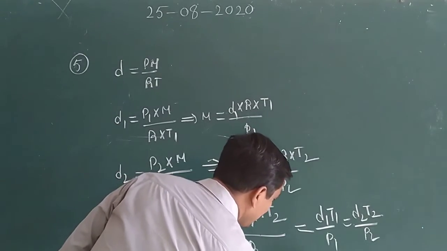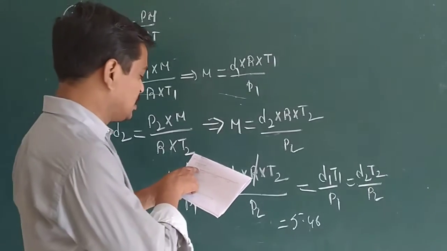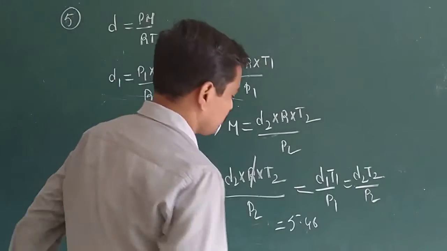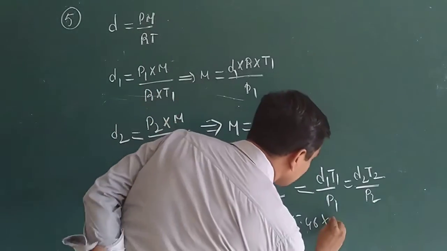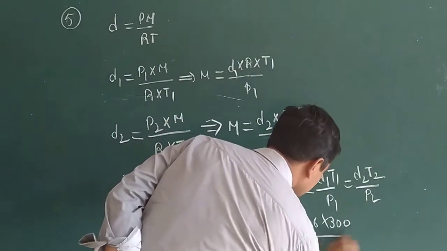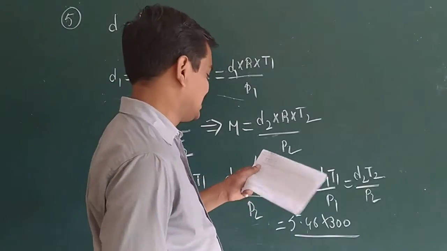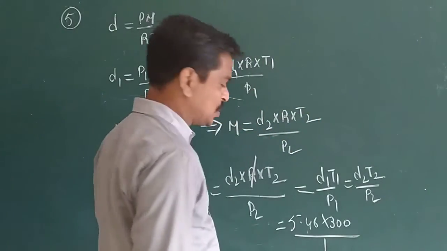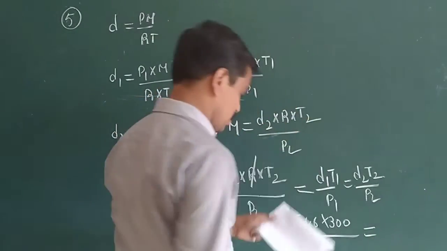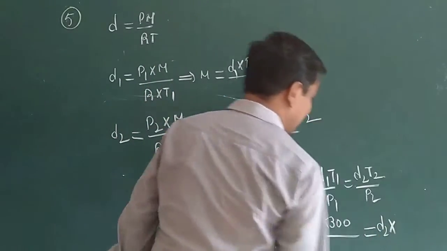So 5.46 into T1. Listen, students, T1 means what? Here he said T1 as 300 Kelvin, by pressure as 1 bar, 1 atmosphere. D2 we don't know, so at STP D2 we don't know.